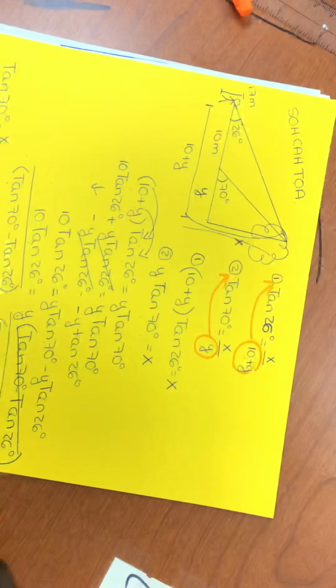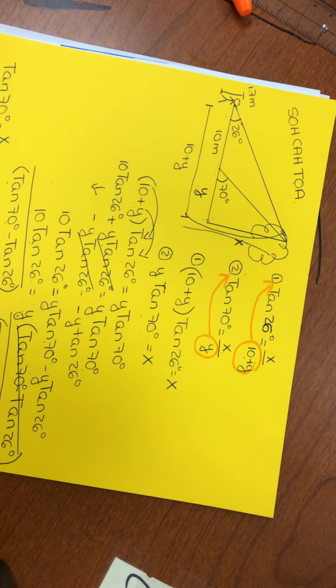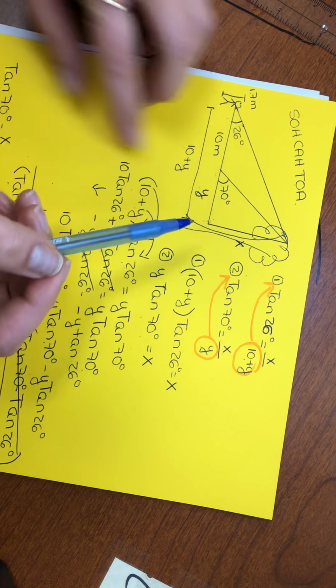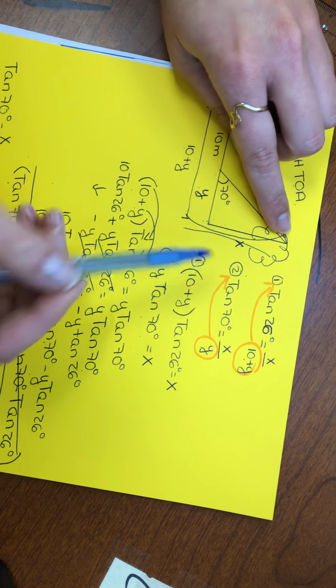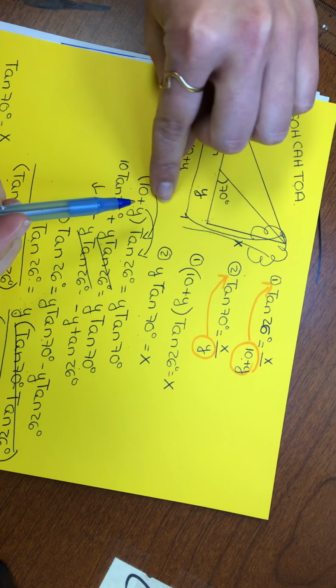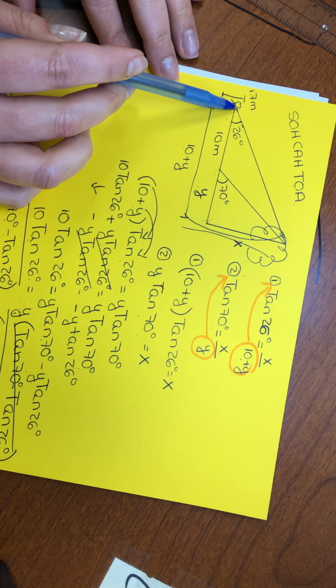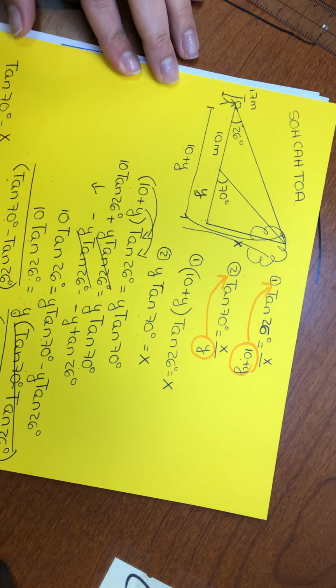Hold on, let me turn the lights on. X is just the value of that. Let's see if I turn this on, if I get better lighting. Okay, so x is just the value of this side. So if you want the value of the height of the whole tree, you have to add the measure of the height of Mrs. Long.